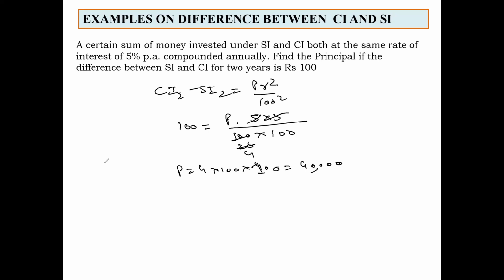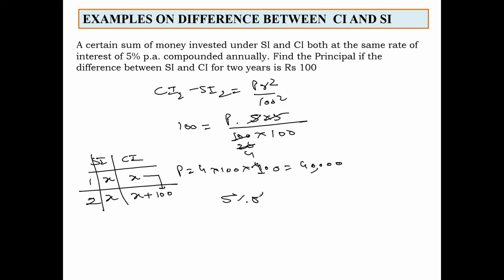Correct. If I was comparing SI and CI, so you have to understand here, if the simple interest for the first year is X, the second year it will be X, compound interest will be X, and in the second year it will be X plus 100, the difference. Why do we get this 100? Because it is the interest on X that we are getting, and therefore I can say 5% of X is equal to 100, or 5 by 100 into X is equal to 100, which will give me X as 2000 rupees.